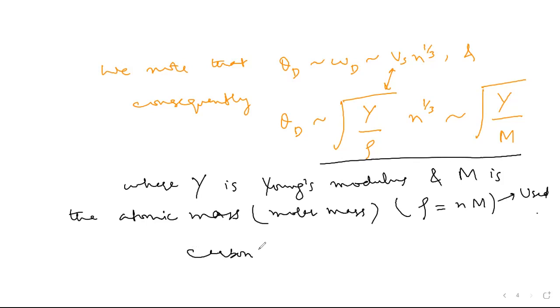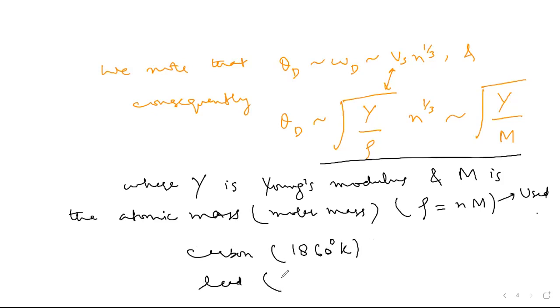For carbon, theta D is 1860 degrees Kelvin, which is stiff and light, and low for lead.